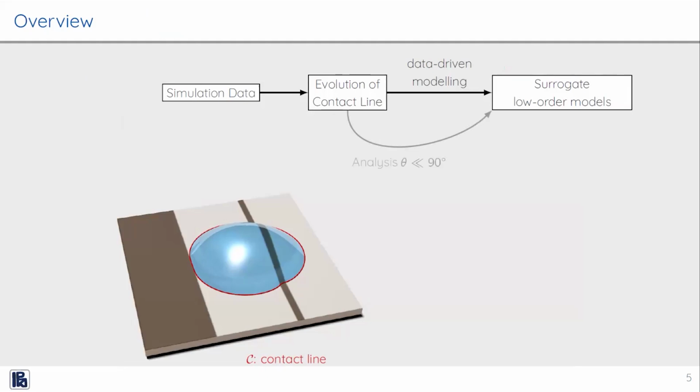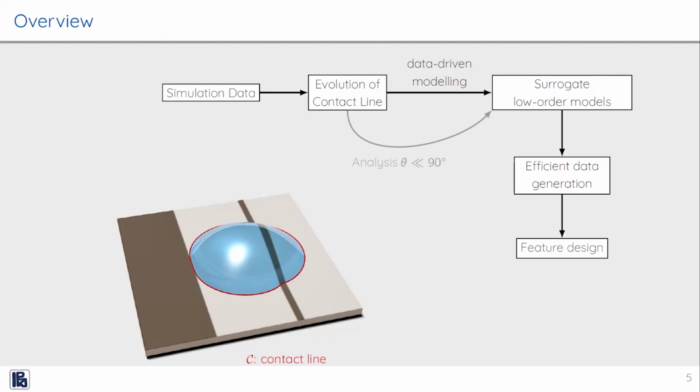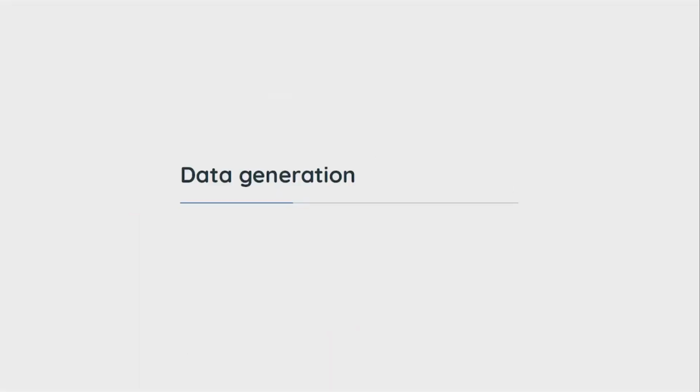This can also be done analytically, but only for very small contact angles, meaning very hydrophilic surfaces. And at the end of the day, we want to be able to generate data efficiently. So these surrogate low-order models, we expect them to be much, much faster than DNS simulations, in order to be able to design surfaces with different features for specific applications.